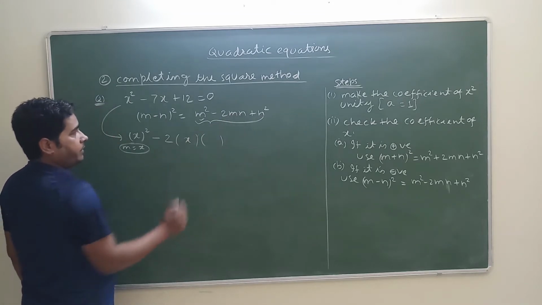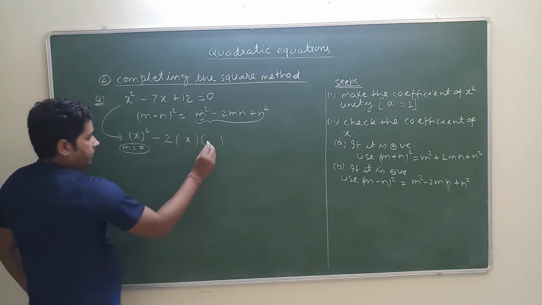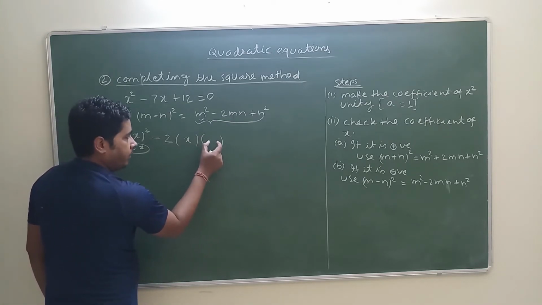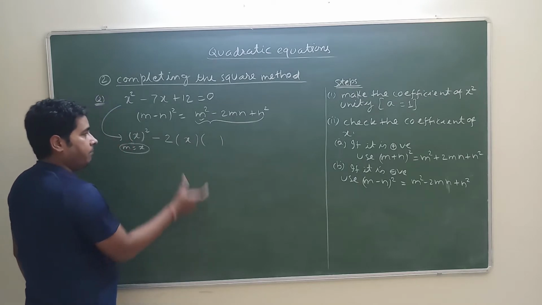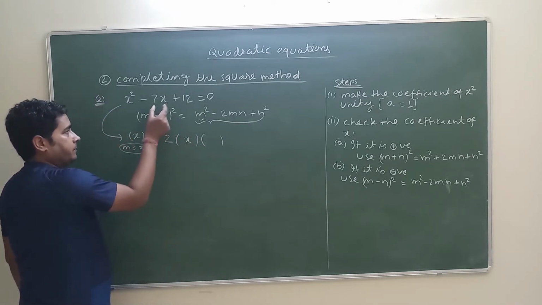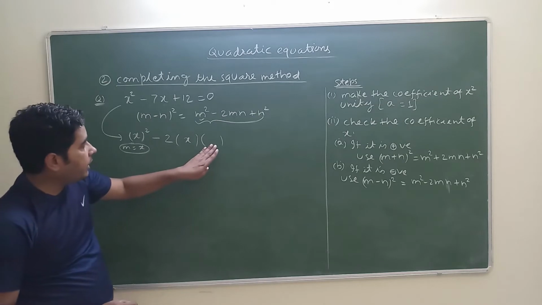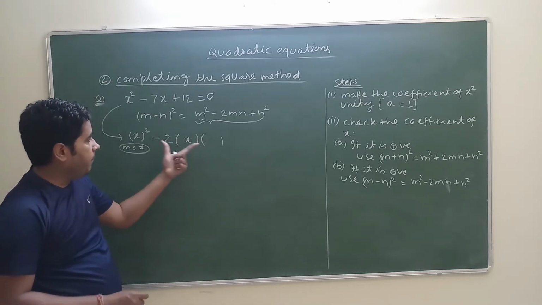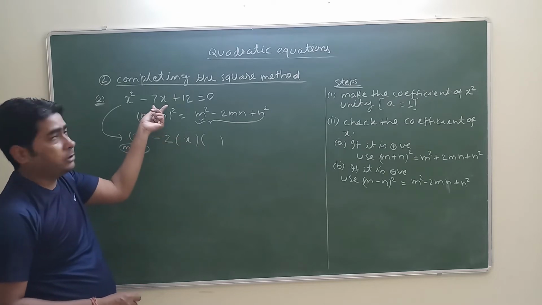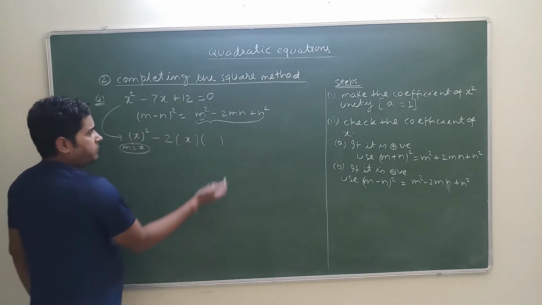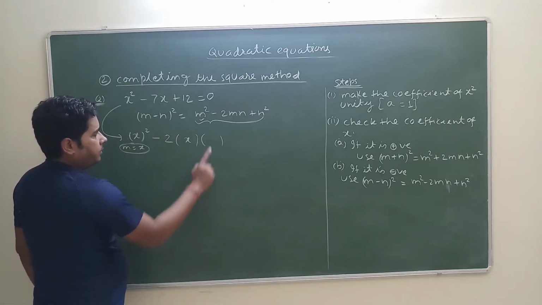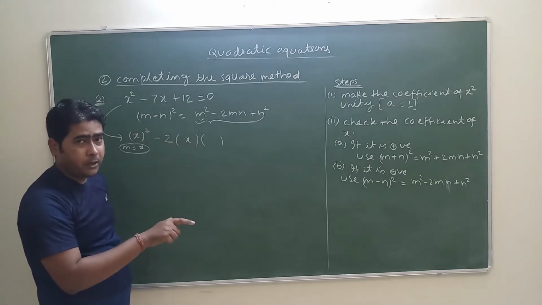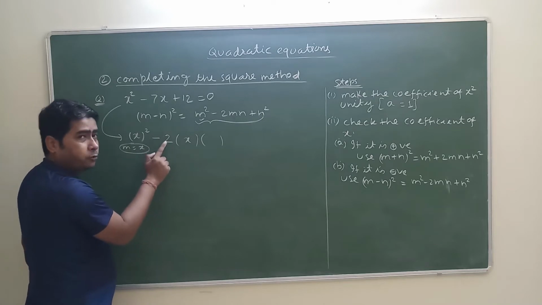This n is remaining. Okay? So in place of this n, I have to write a number which can actually balance this term with this term. It is very simple to know this number. This number should be half the coefficient of x. Because we have to take care of this 2 also.